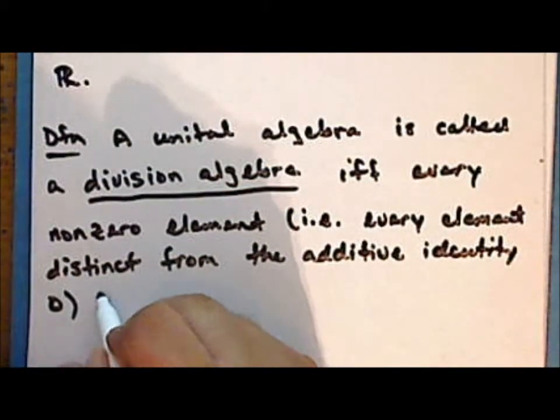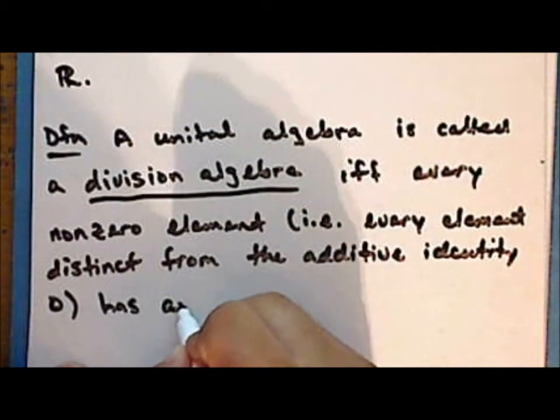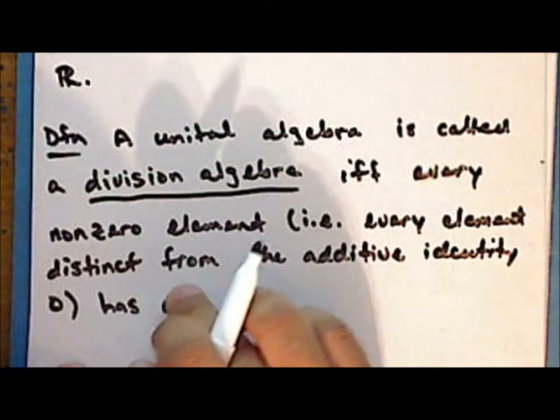So every non-zero element has a multiplicative inverse.